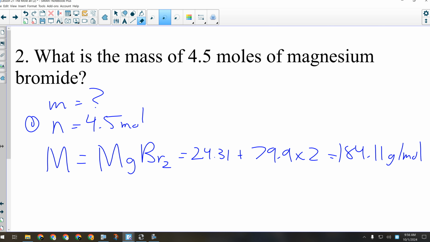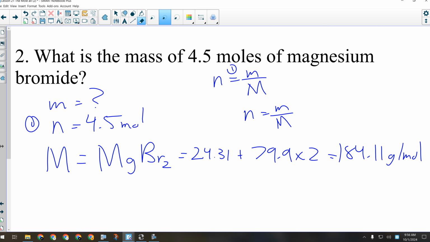Then 1 mark for identifying it as a mole equation question and writing down the mole equation. Now in this one, I do have to do some algebra. I'm looking for little m. So what do I have to do with big M? Multiply both sides by big M. That would be a mark for showing your work.